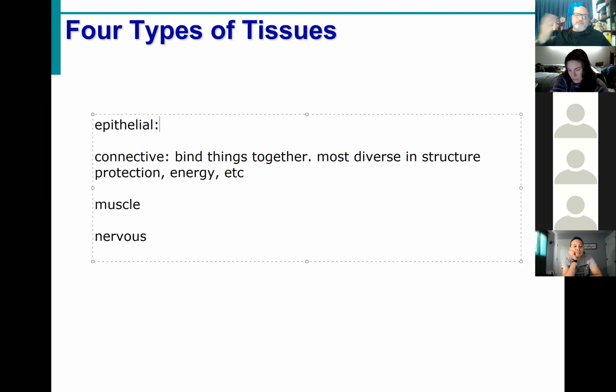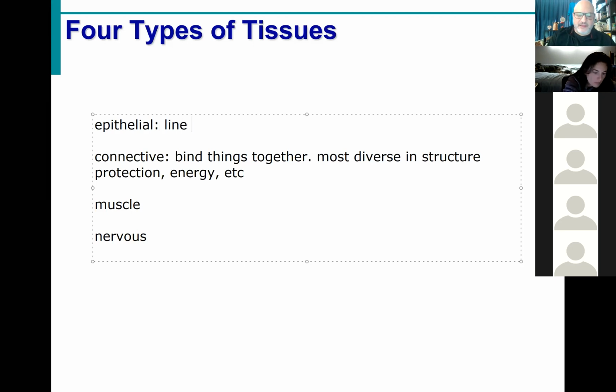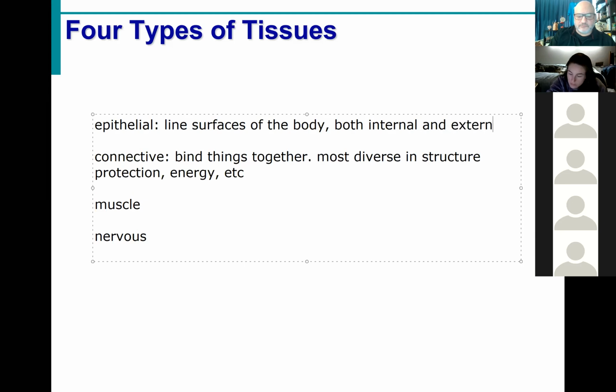Epithelial tissues, what do they do? Anyone know what our epithelial tissues do? Cover the surfaces. Excellent, I love that. They line the surfaces of the body, and that is both internal and external. So they also provide protection.